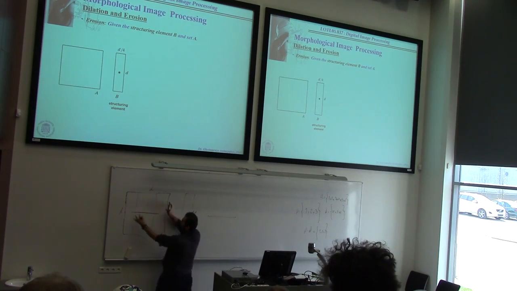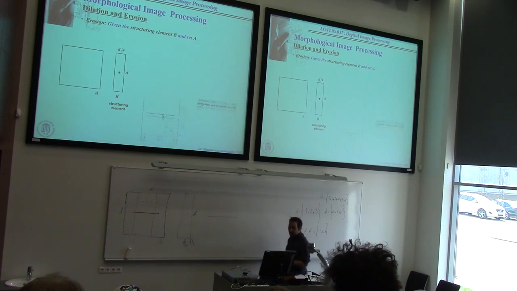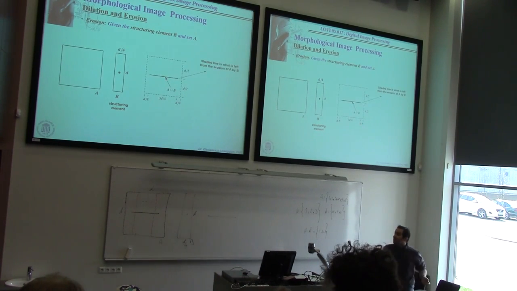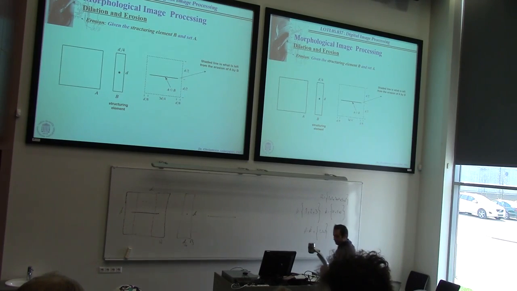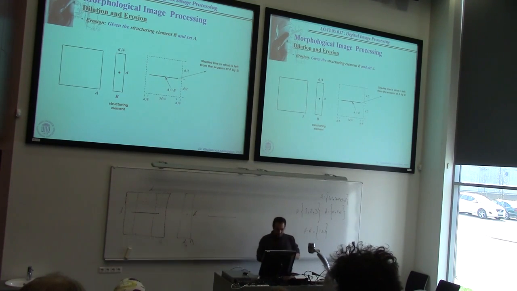Instead of this set, we just have this line. You can see, we have to write it, A erosion by B.